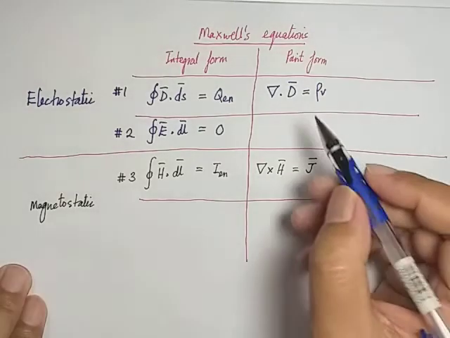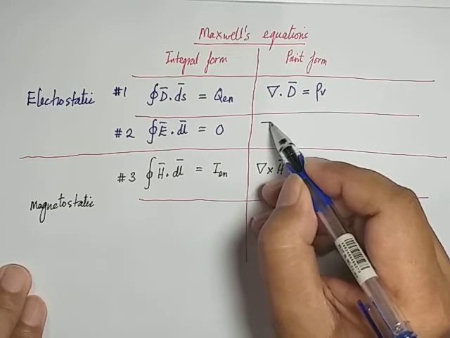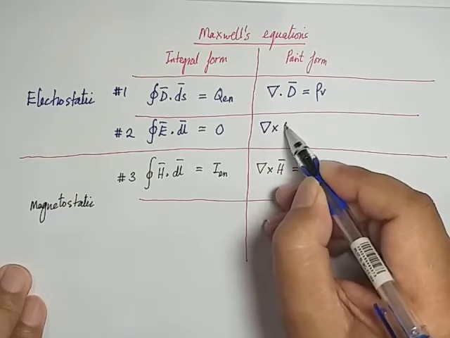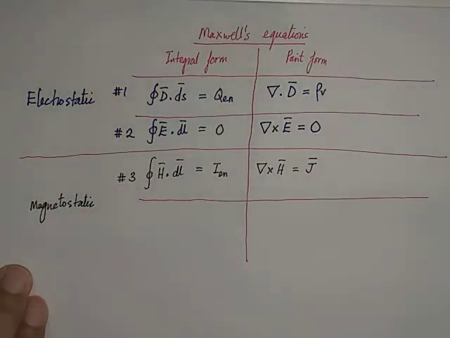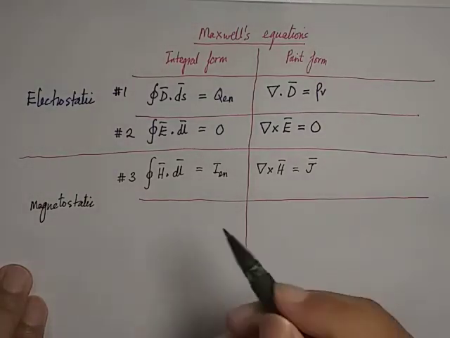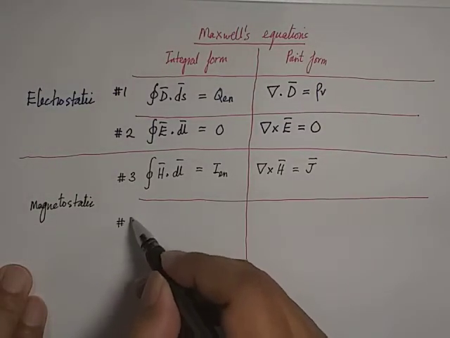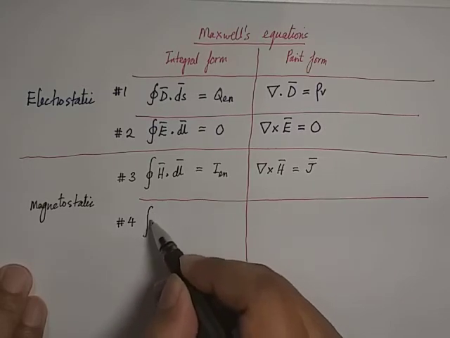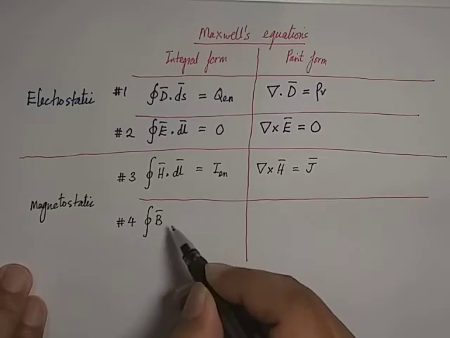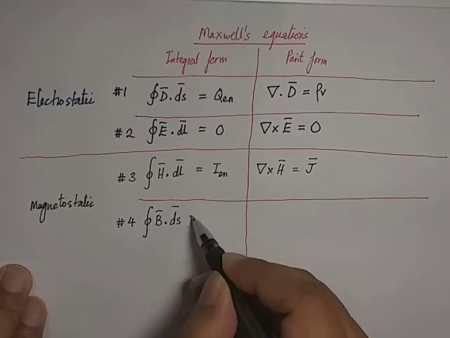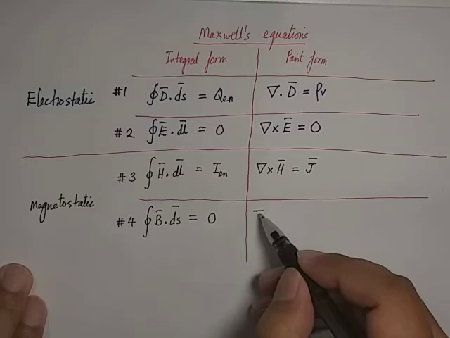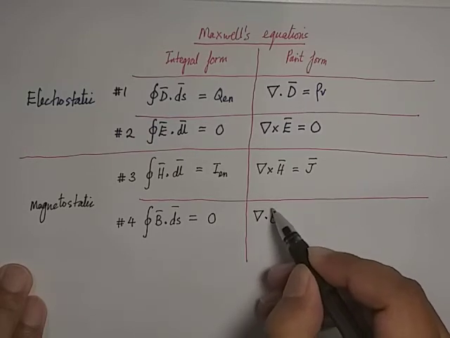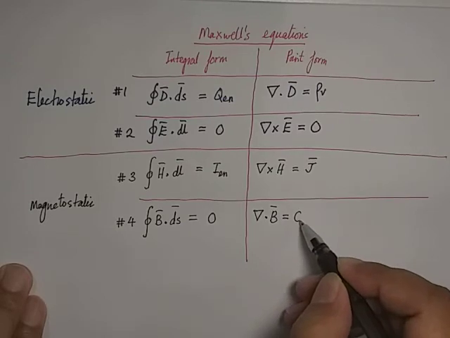Therefore, for the point form of equation number 2, the curl of E will be equal to 0. And finally, Gauss law in magnetic field, B dot dS is equal to 0, and using the same pattern we observed for equation number 1, we can state that the divergence of B will be equal to 0.